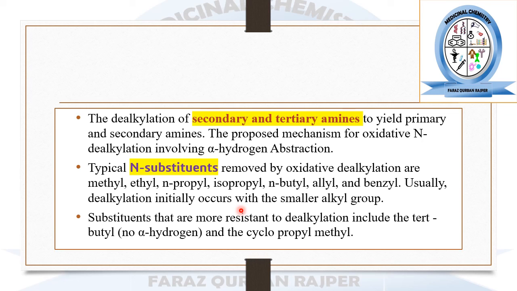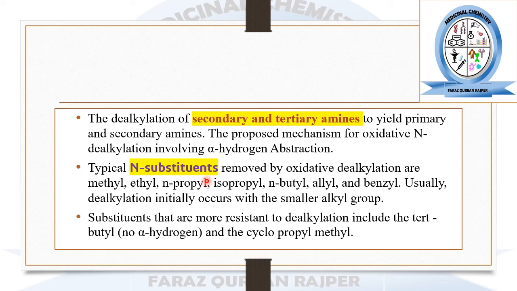Substituents that are more resistant to dealkylation include the tertiary butyl, because it does not have any alpha hydrogen, and also cyclopropyl and methylcyclopropyl. So the dealkylation reaction can occur in secondary and tertiary amines to convert them into primary and secondary amines. Clear? The N substituents, meaning the alkyl groups directly bonded with the nitrogen in the drug molecule, are mainly the smaller alkyl groups, mostly the methyl group.